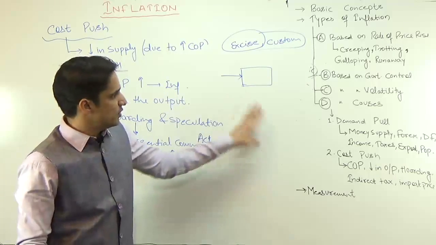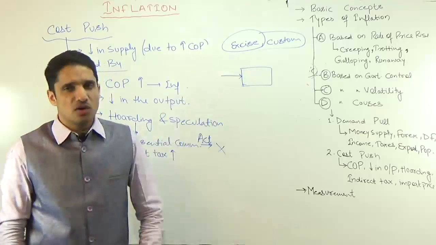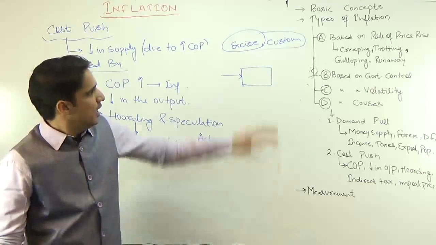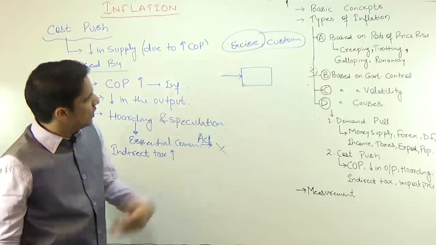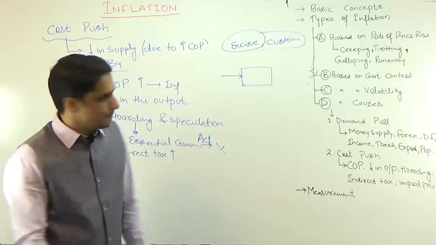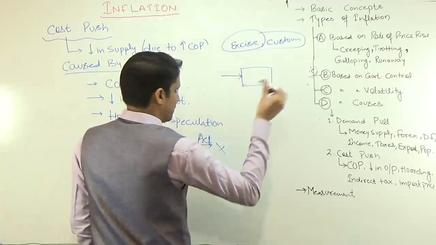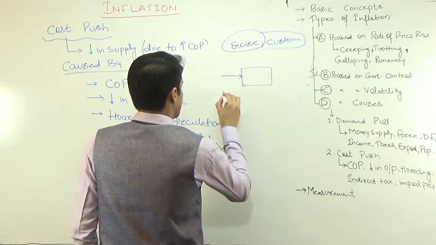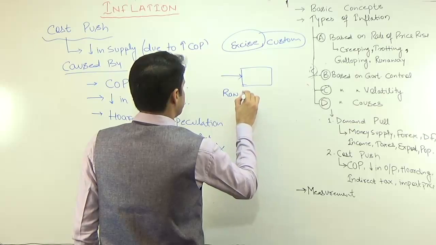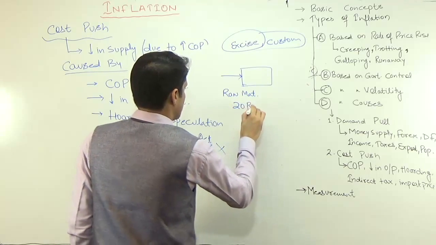We have a full chapter on this taxation. So custom is levied whenever you are importing commodities from outside India, and excise is levied only on the goods which you are producing within India. So if indirect taxes have increased, suppose you are making this pen and the value of the raw material was 20 rupees.